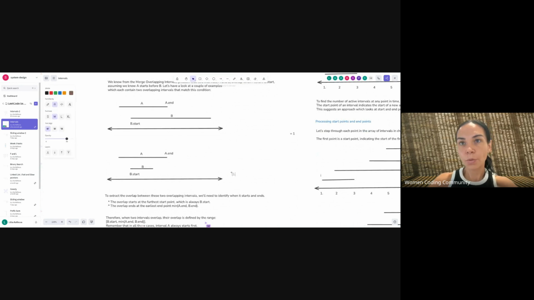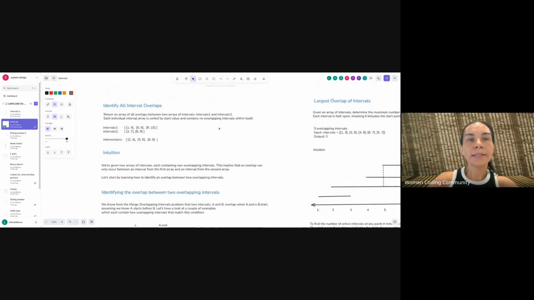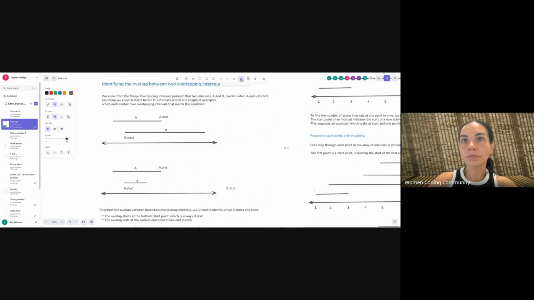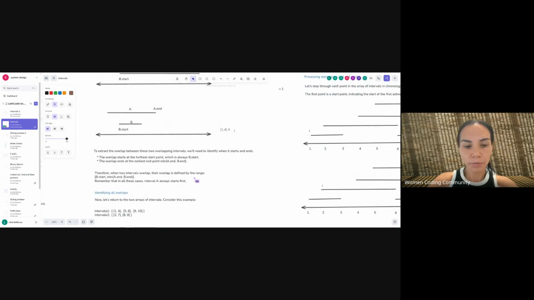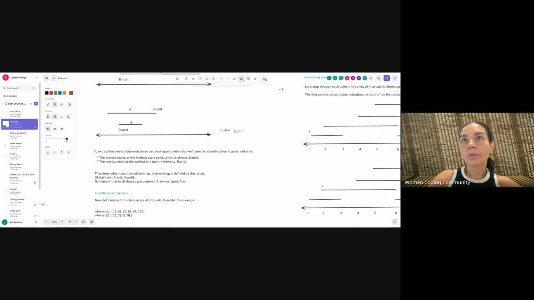This will be our 1 and 4, and here will be our 2 and 7. So we need to find the intersection here. The intersection will be 2 and 4.